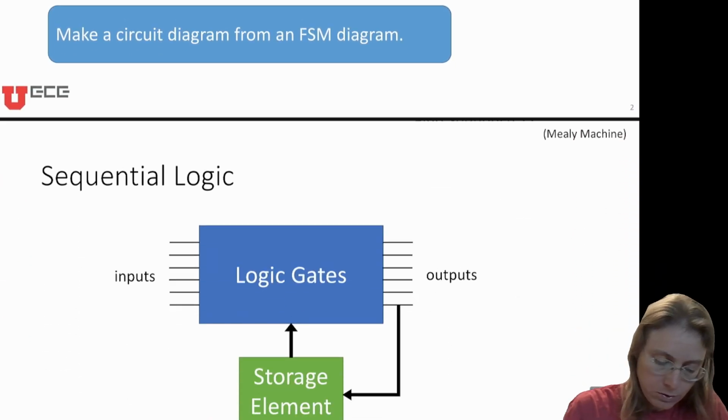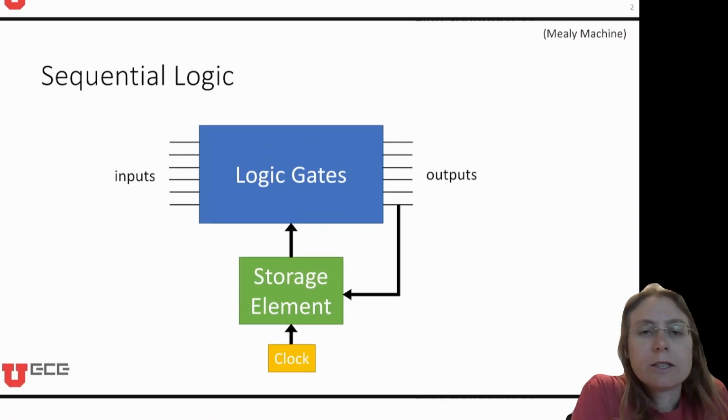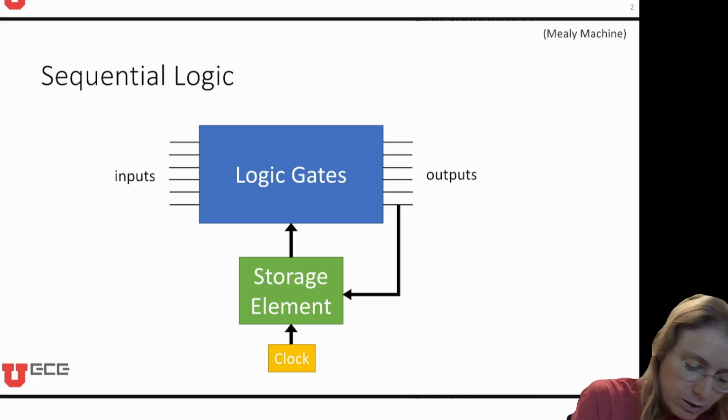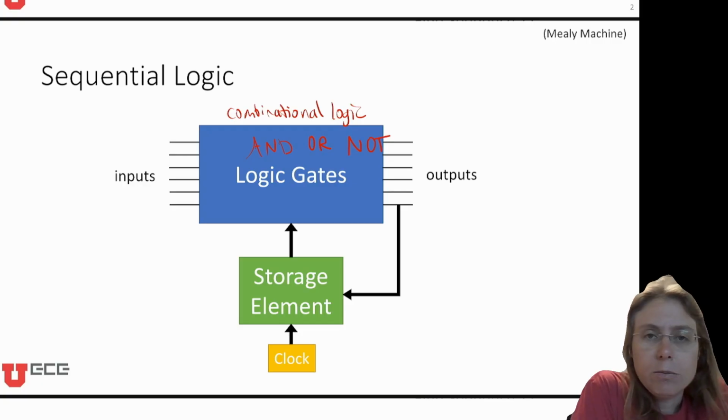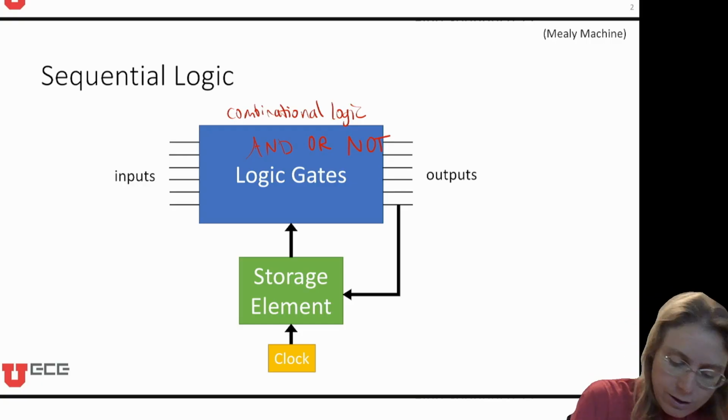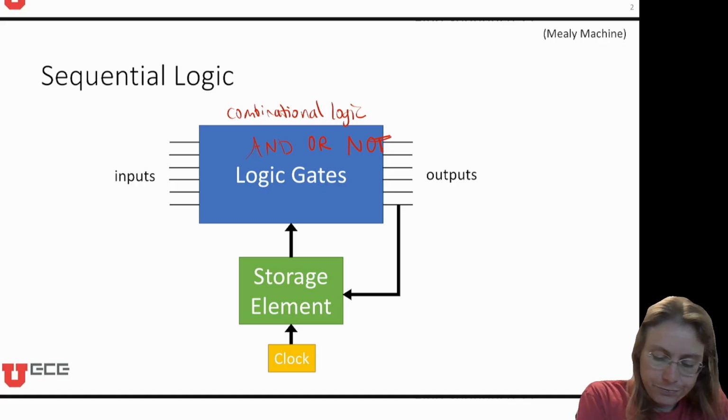So, here's a conceptual overview. We've previously learned about combinational logic, which is where we create networks of and, or, and not gates based on a set of inputs, and then we create the desired output.